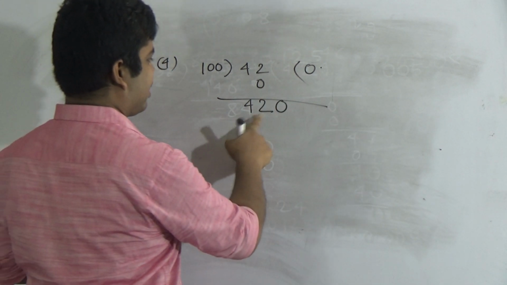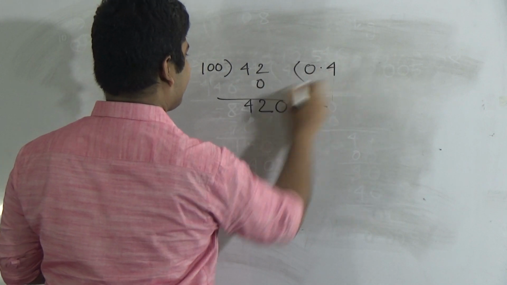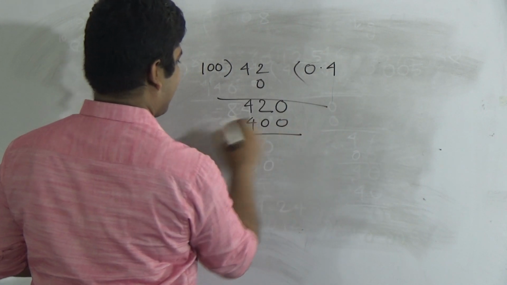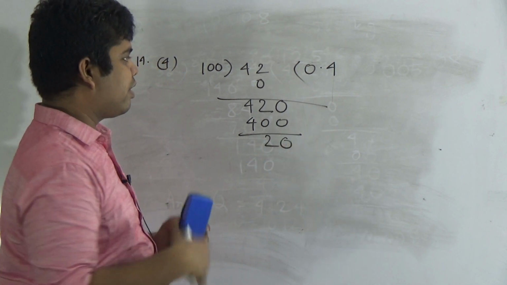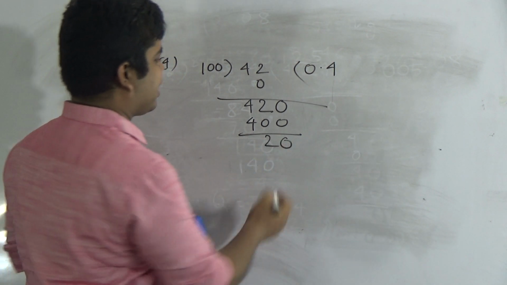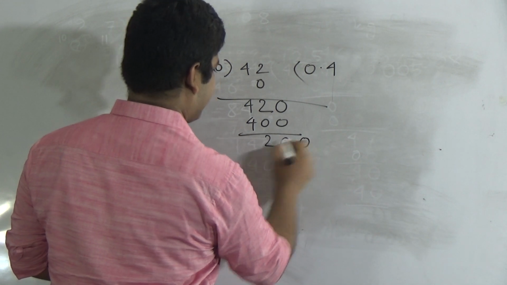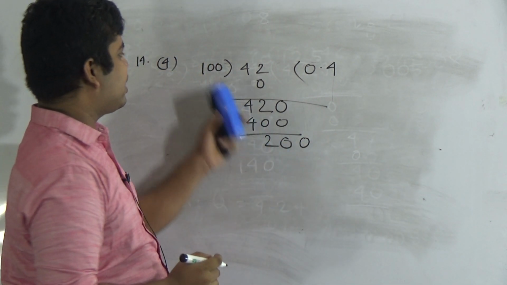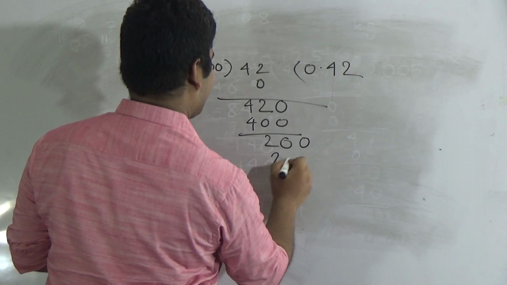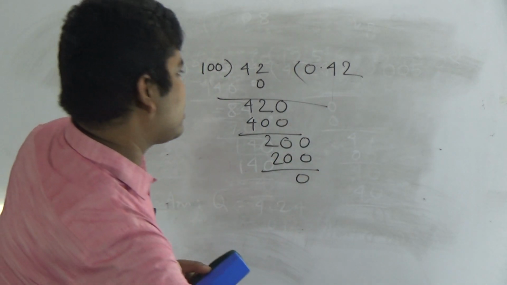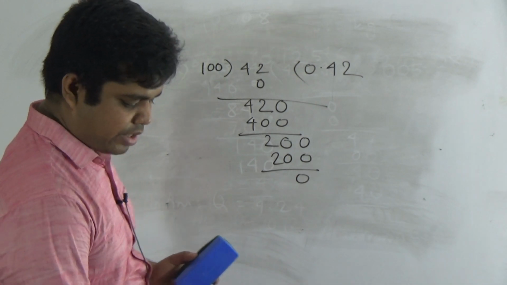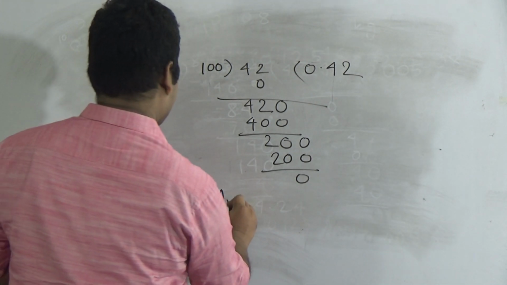So in 420, 100 goes in 4 times, 400, and we subtract, we get 20. And we know that for every step we get a 0 as bonus. In 200, 100 goes in 2 times, that means 200 on the 200. So we subtract and get 0. So what is the answer of this question? 0.42.